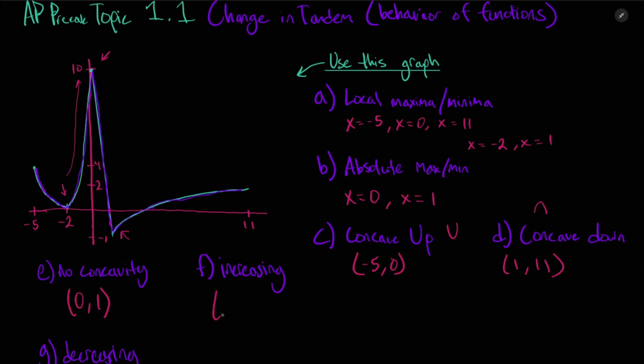So the graph is increasing from -2 to 0, because then when we start plugging in the positives, we start plugging in 0.1, 0.5, we start plugging in 1, the graph is actually going down. So we stop at 0. That is specifically, strictly where the graph is increasing. Okay.